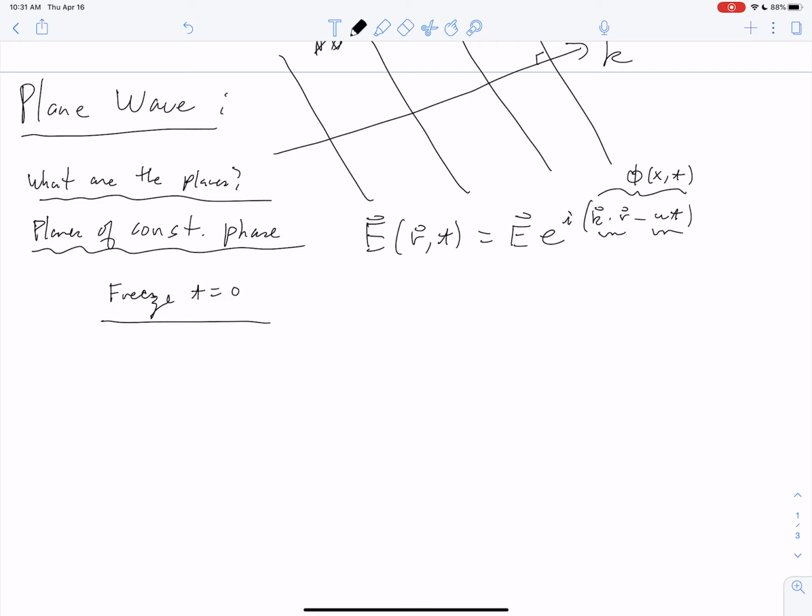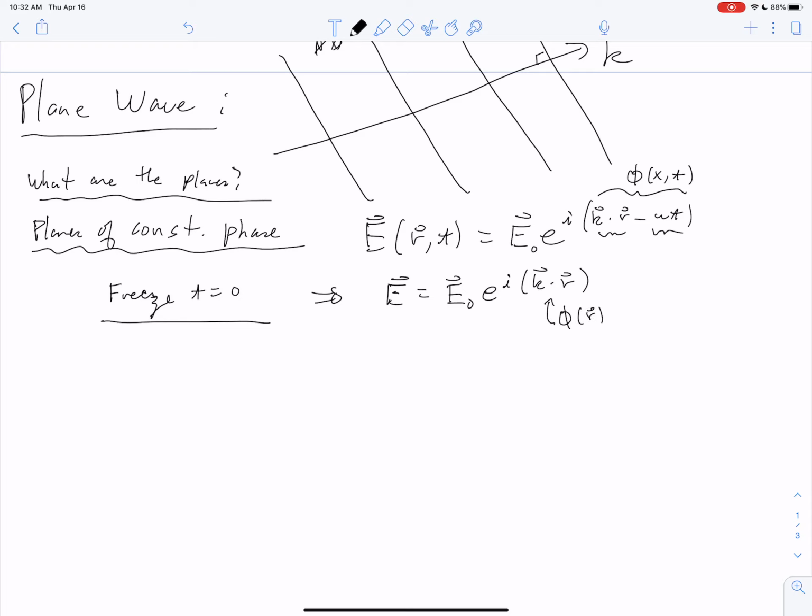Then we see that E is equal to E naught times e to the i k dot r. And so now we see that this is the phase, and the phase is a function of position.